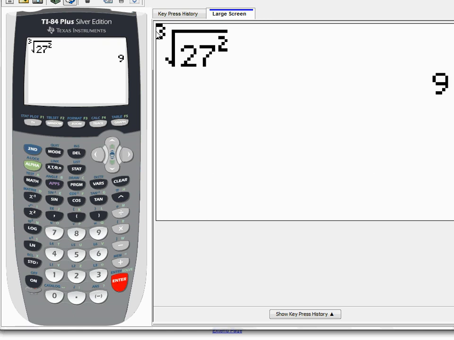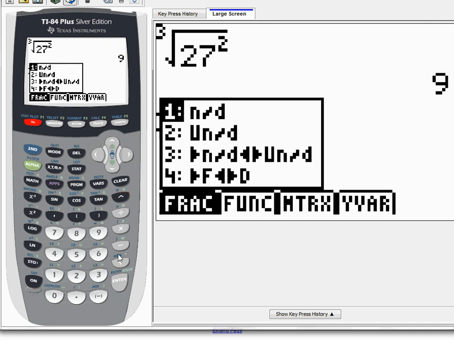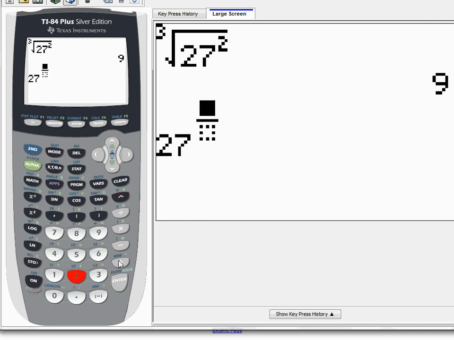Because the cube root of 27 is 3. 3 squared is 9. Cool. And then we'll do 27 to the 2/3 power. So again, create a little fraction. Also 9. So given that these are equivalent on the right, these expressions on the left must also be equivalent.